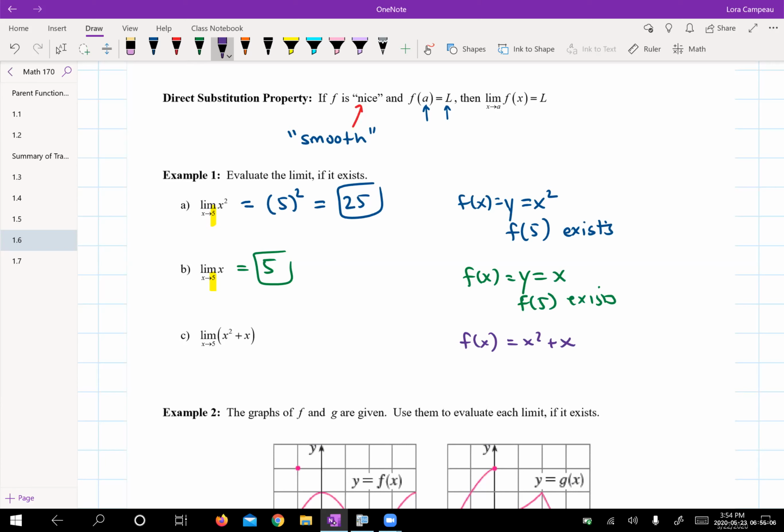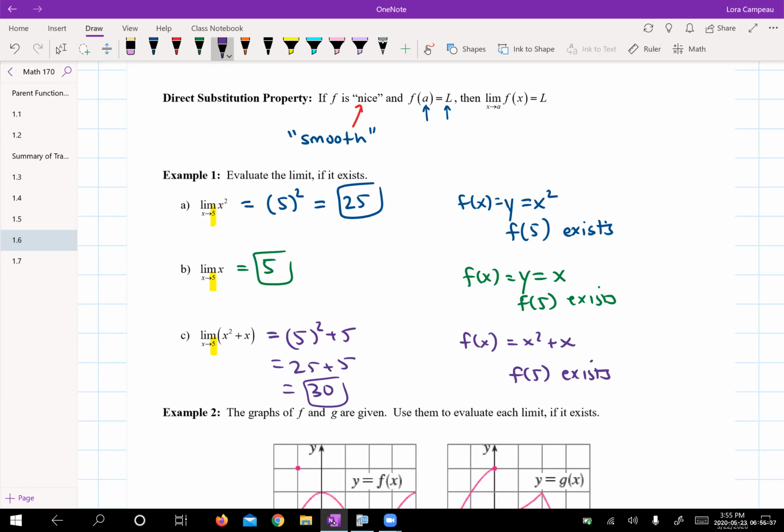And usually in polynomials, there are no holes or gaps. f of 5 does exist. So you can use direct substitution and plug the 5 into the formula. So we would have 5 squared plus 5, or 25 plus 5, equals 30. So we have the limit of that function.